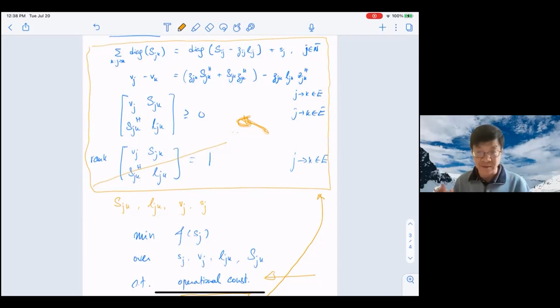There's a completion to the whole matrix that is PSD. Right, there's some subtle thing going on, but it's not important.